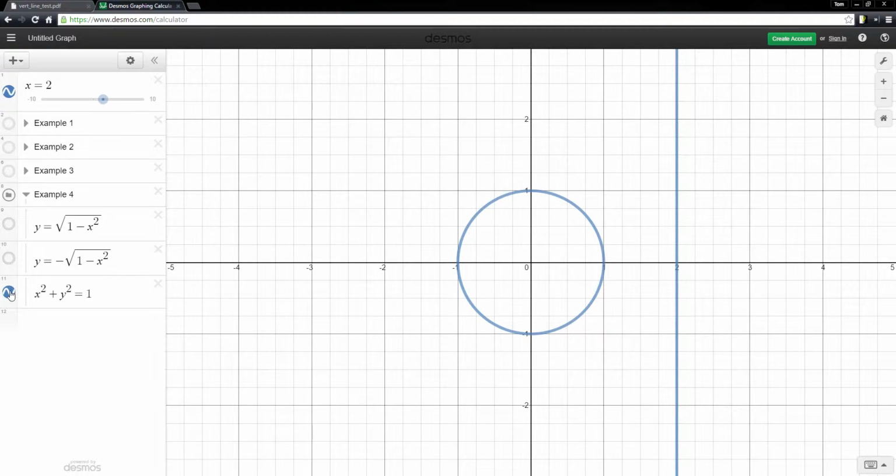But if we are careful about it, we can carve out little pieces of the graph. In other words, here I'm just looking at the top half of the equation, or in this one, I'm looking at the bottom half.